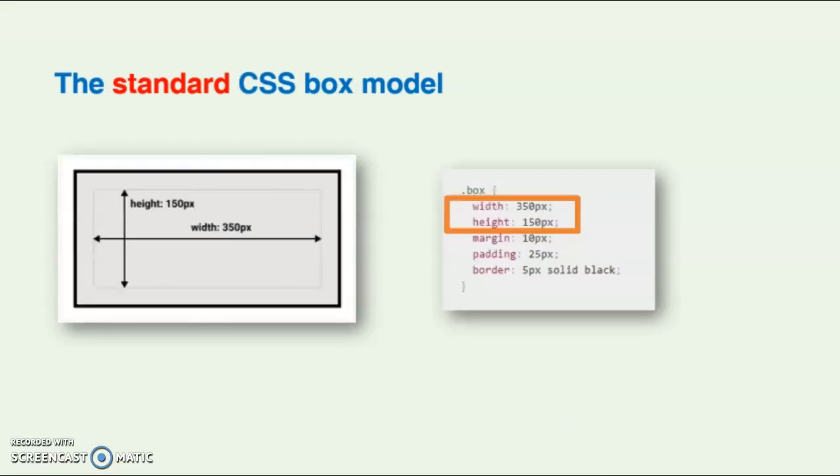Let's assume that the box has the following CSS defining width, height, margin, border, and padding of 350, 150, 10, 25, and 5 pixel for the border.